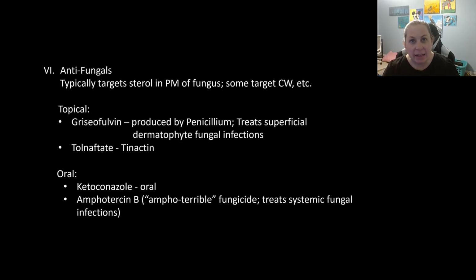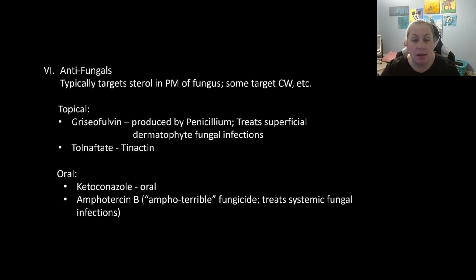This is Tinactin. You may have heard "Fast-acting Tinactin." That was kind of their tagline for this type of antifungal. This is a brand of an antifungal that could ultimately be used. These are topical though, so they just go on the skin, so they're more of your superficial type of infections.